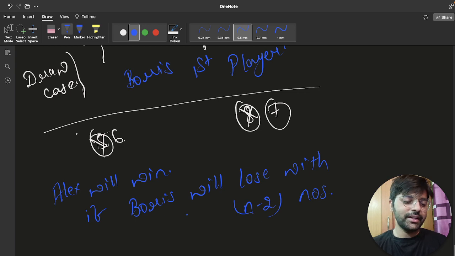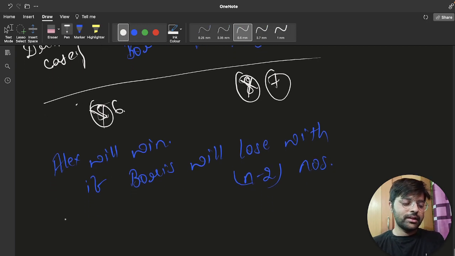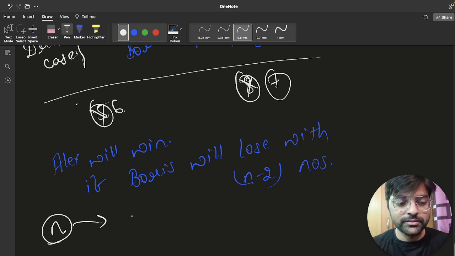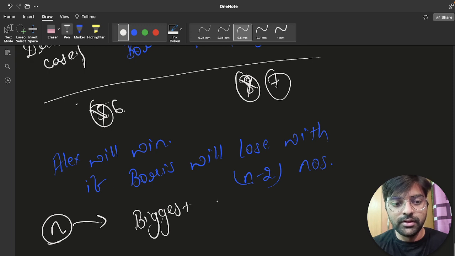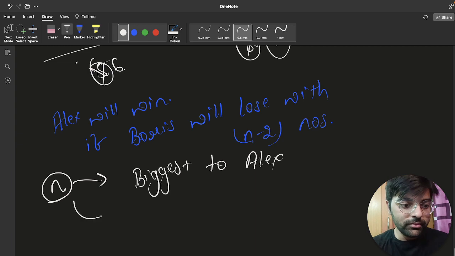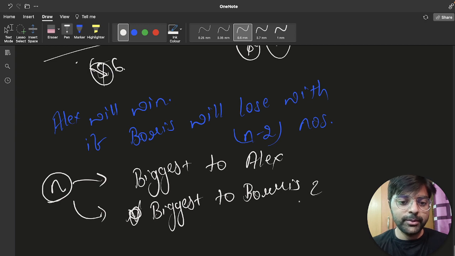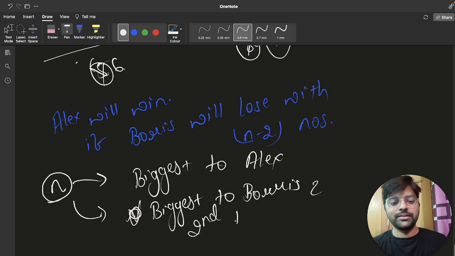Or better to say that when Lx will win, let's say that there was initially n, then either give the biggest number to Lx, then he will win, or not give the biggest to Boris and the second biggest to Lx. That we have considered.